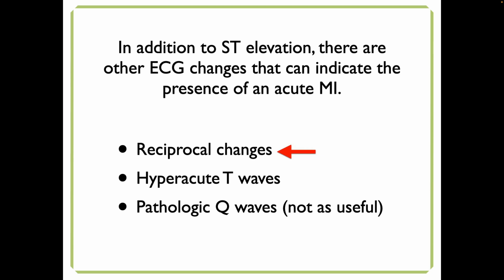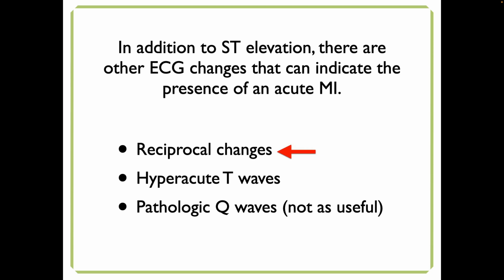The 3 big ones I want you to know are reciprocal changes, hyperacute T's, and pathologic Q's. I don't think I meant to do it this way, but these are set up in order of importance, in how much weight they give your identification of a STEMI.